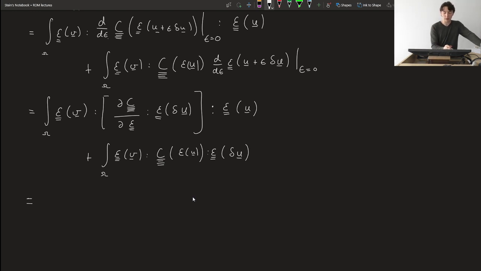Yeah, strains are symmetric, well, it's a symmetric gradient of the displacement. Also my stiffness has all these symmetries in there. So what I can do is I can pull this guy actually up front here and do a double contraction on the left side with my stiffness. And that means that I'll get something that looks like this.